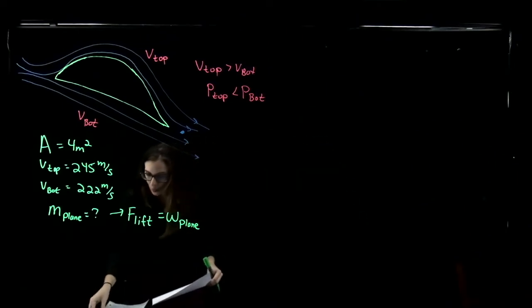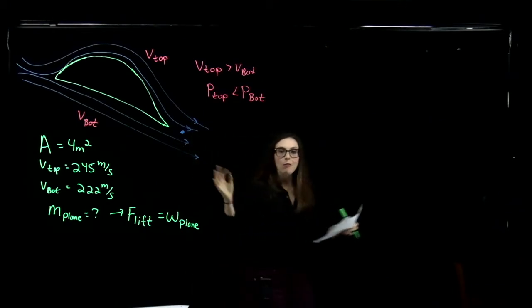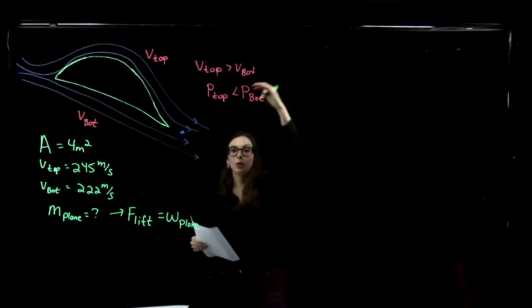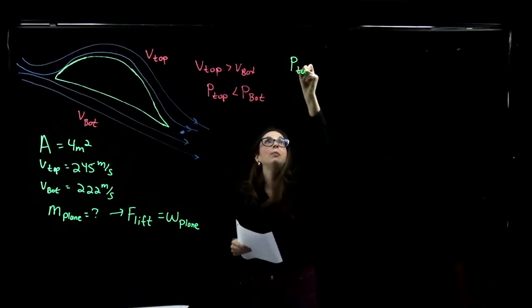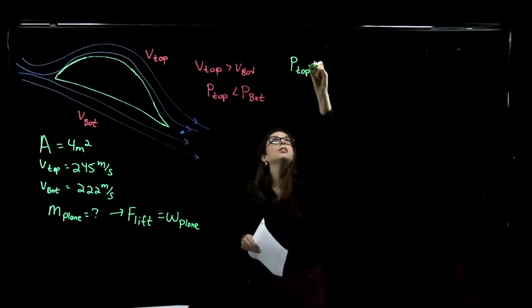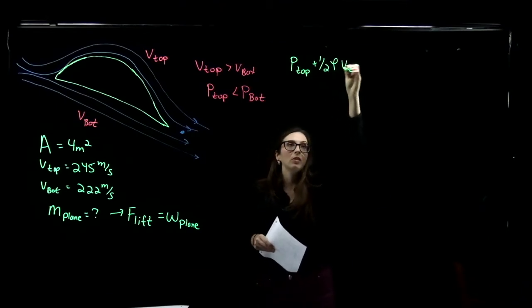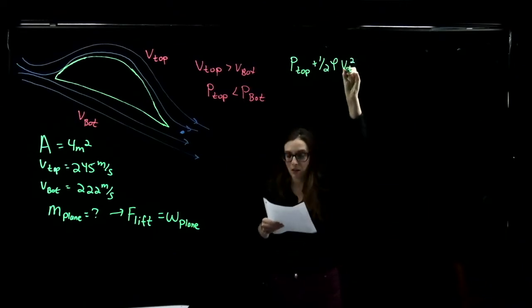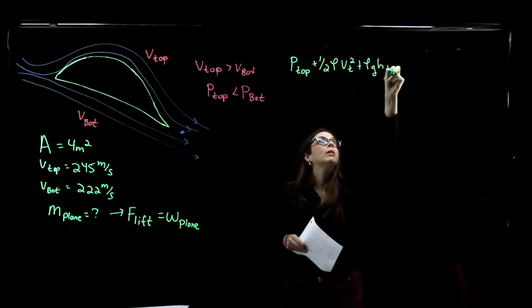All right, so where do we start first? Well, let's start with Bernoulli's equation. So we're going to do Bernoulli's equation. We need the pressure at the top of the wing plus 1/2 rho V top squared, where V top is the velocity of the fluid flowing across the top of the wing, plus rho g h top, okay?